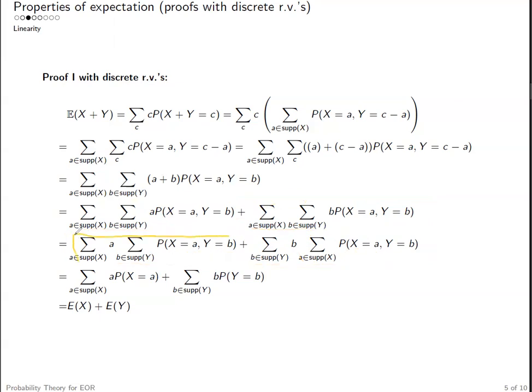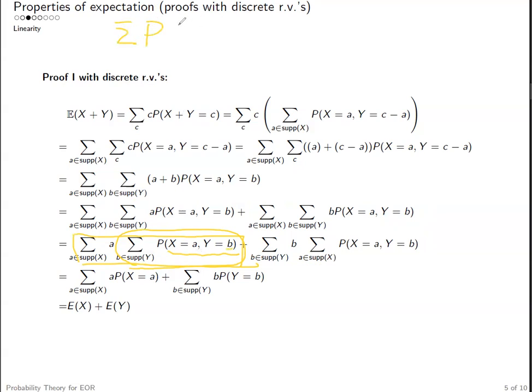Let's focus on this value first. What is this summation? Well, look at the summation inside here. For different choices of B, we're gonna have mutually exclusive events, right?